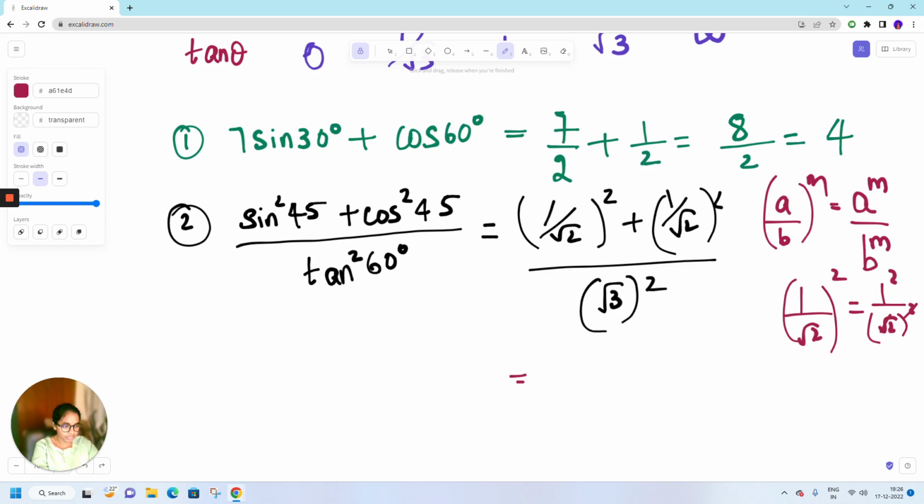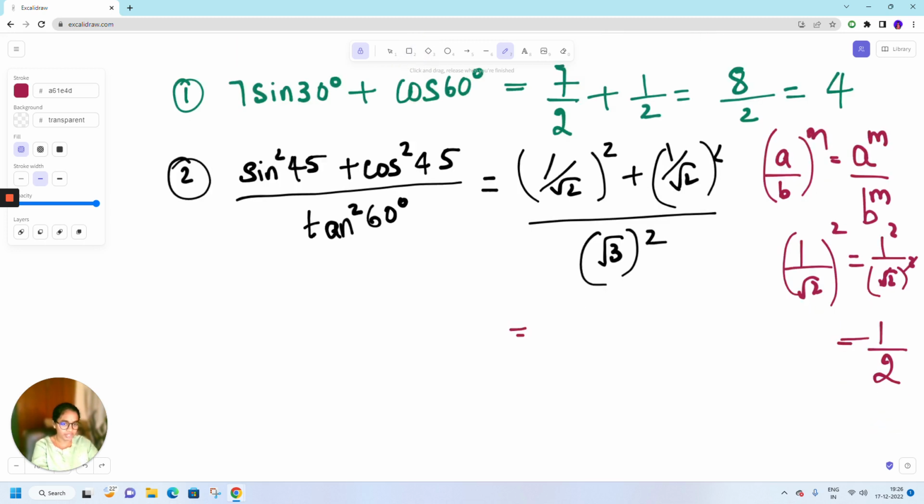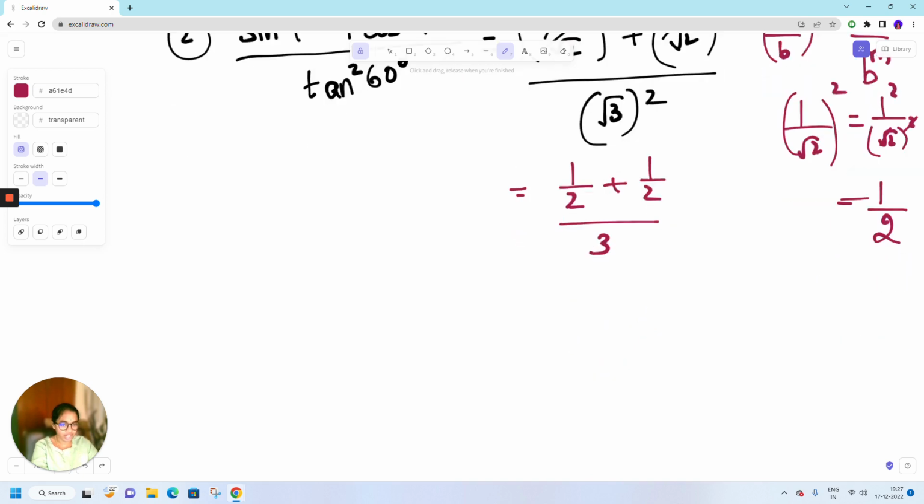The square and root get cancelled and I would get 1 divided by 2, because 1 square is 1 itself. So 1 divided by root 2 whole square means it is half plus half, divided by 3. What is half plus half? 1, right? 1 divided by 3 is my answer.